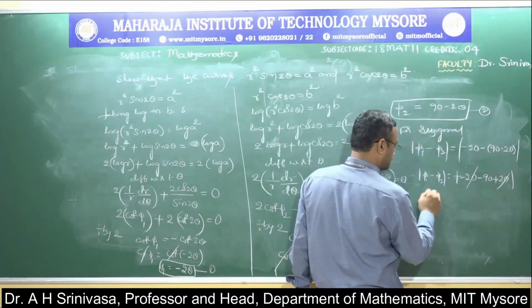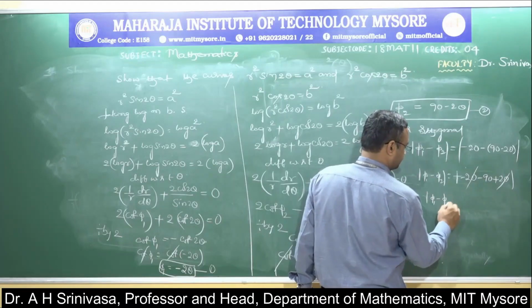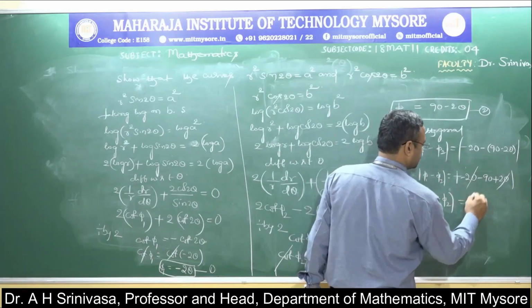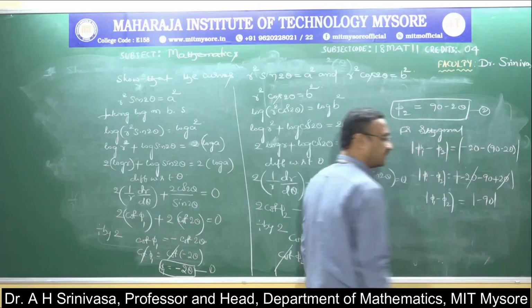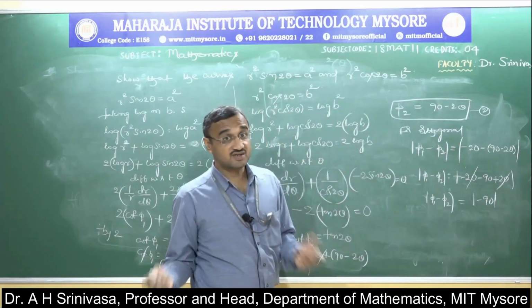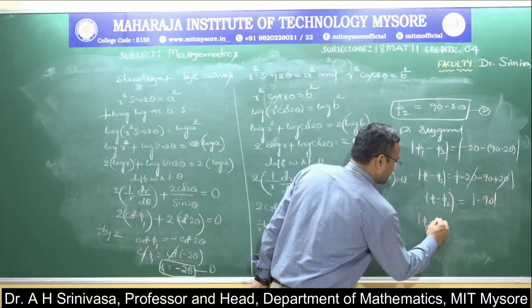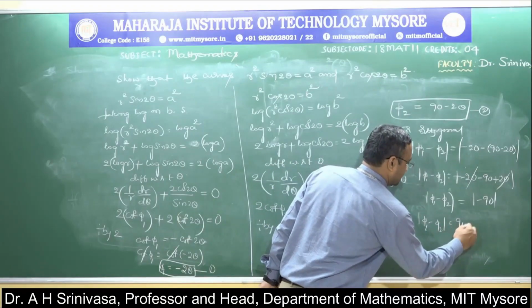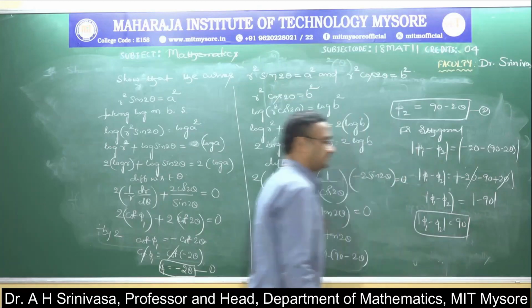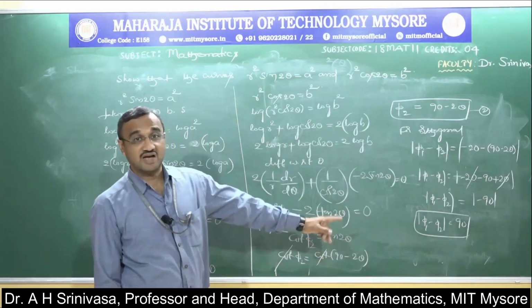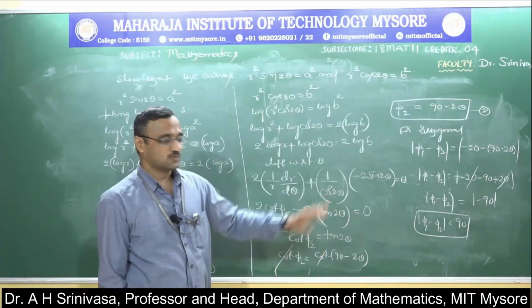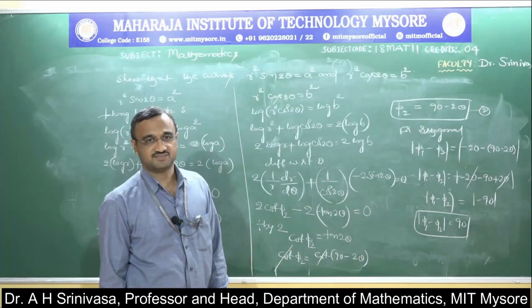Now cancelling these two, you get minus 90. We are considering only the absolute value, so easily you can write phi 1 minus phi 2 is also 90. So this is another way to show the curves intersect orthogonally.